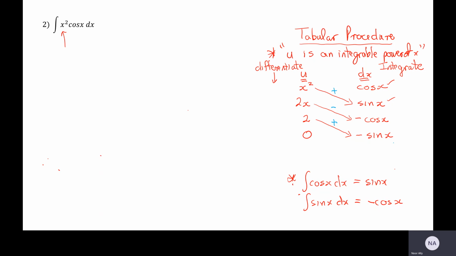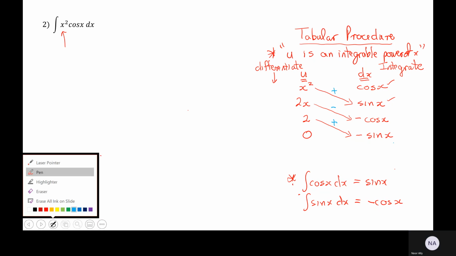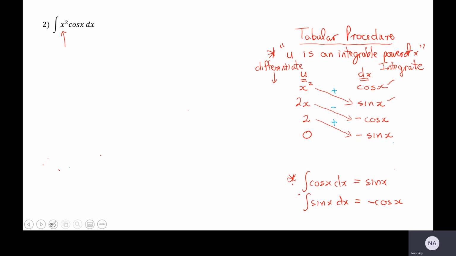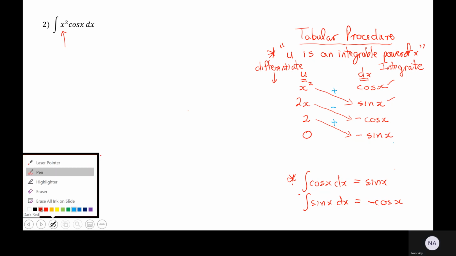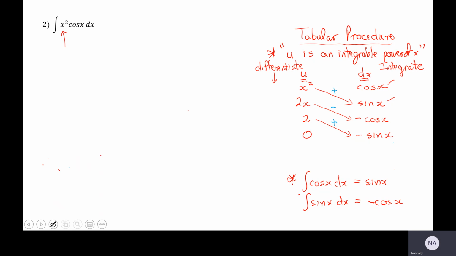Now, what's the beauty part of this tabular procedure? Once you have integrated u, differentiated dx, and applied the signs, you will be able to write down the answer immediately. How do you get the answer? You simply multiply the first diagonal together with the signs. So the first diagonal will be x squared times sine of x, positive.